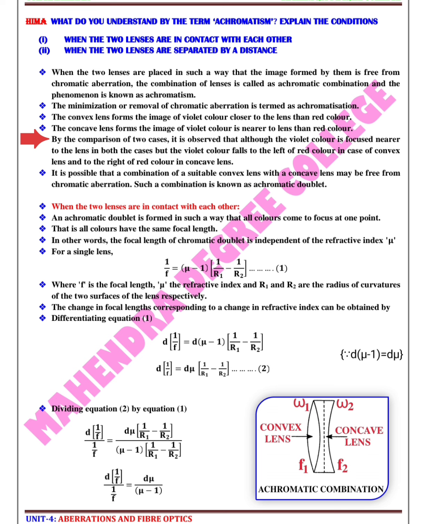It means in both cases, violet light focuses closer to the lens than red light, but their positions are different because the lenses bend light in opposite ways.